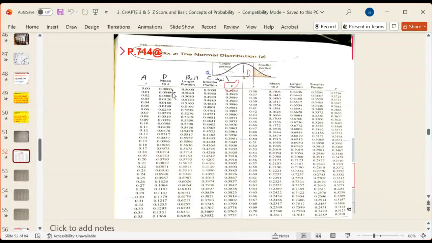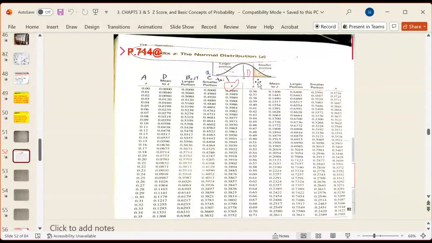Also, I labeled that as A. Then you see mean to Z. Mean to Z is the distance, the probability of a score being from the Z-score. If you look at that distribution on top, in the middle, that's the mean. That black line in the middle is the mean.